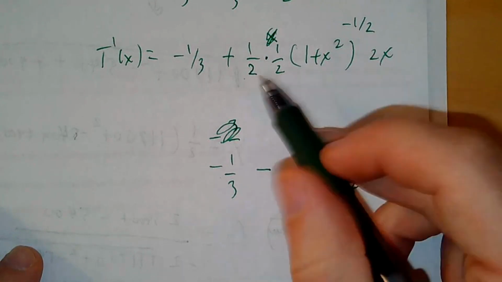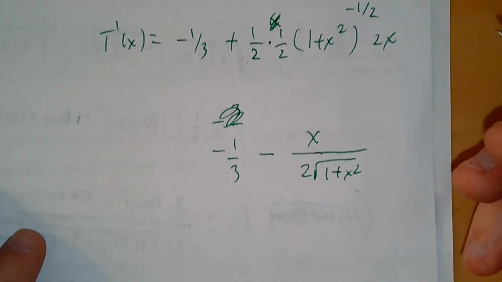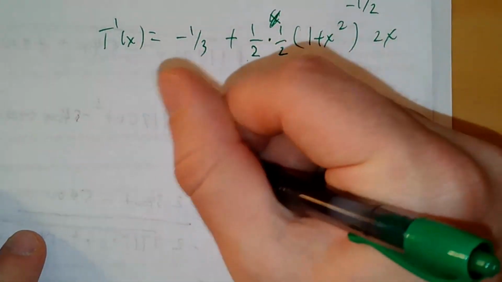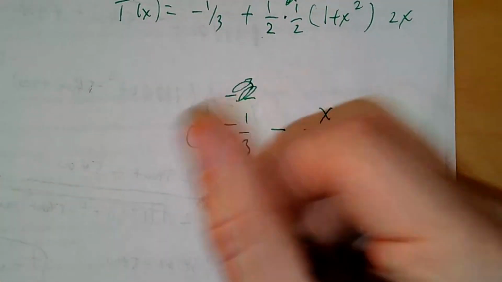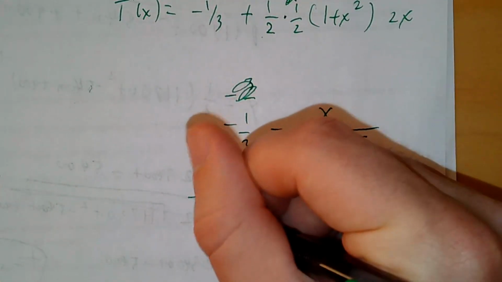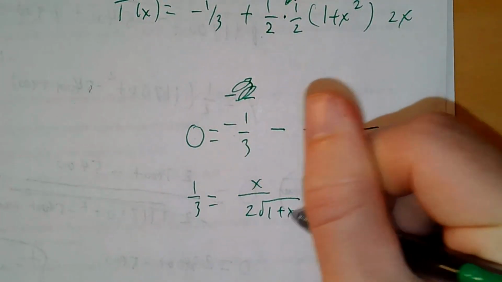So when you combine these together, when you do the multiplication, that's what you get. We're going to set that equal to 0, because remember, that's the whole point of this. Move the 1/3 over, and we get 1/3 equals x over 2 root 1 plus x squared.